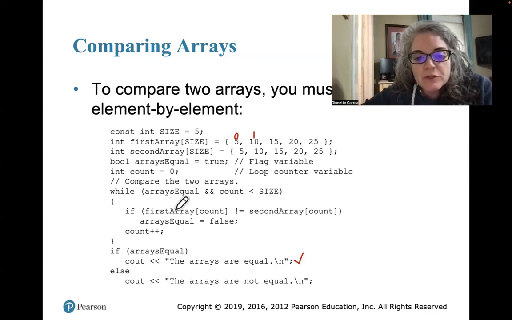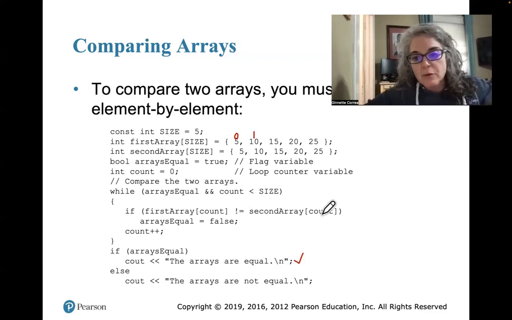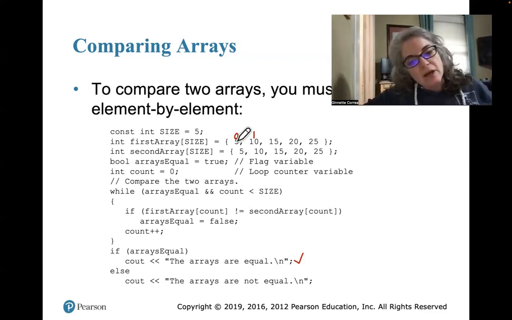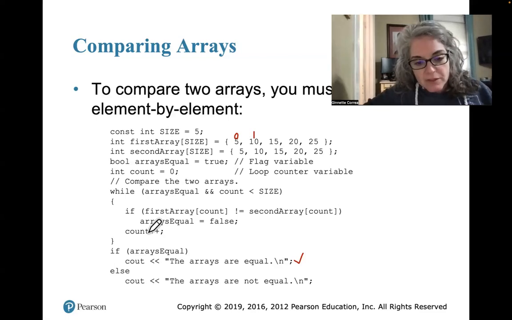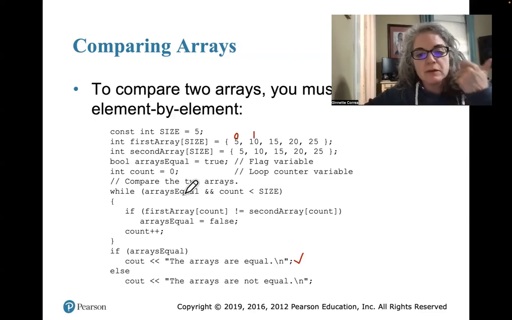So we just go through and compare. Is first array sub 0 not equal to second array sub 0? Well, they are equal, so we increase count. It changes to a 1. They're still equal. Count is less than size. Is first array sub 1 not equal to second array sub 1? They are equal.